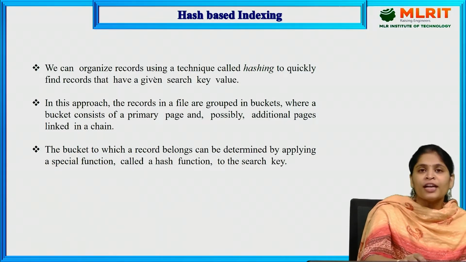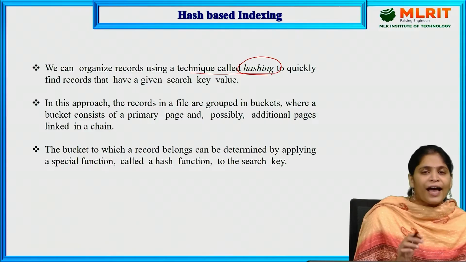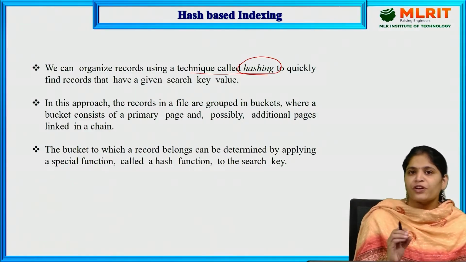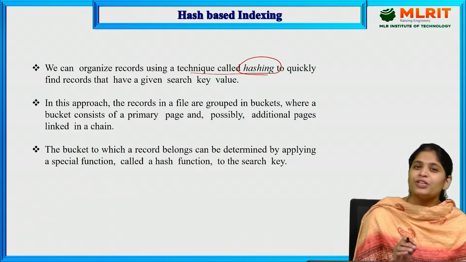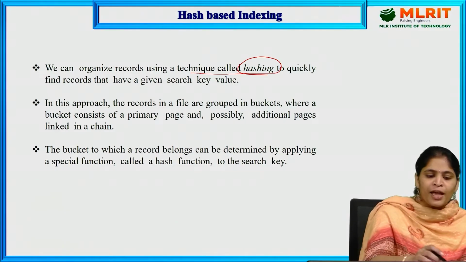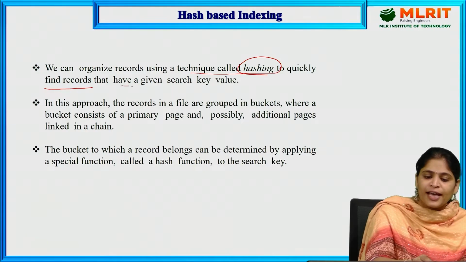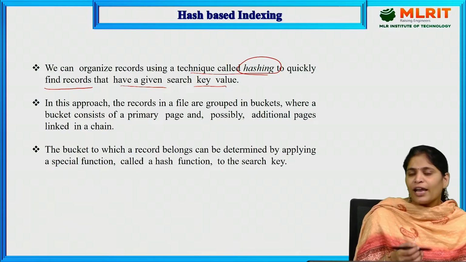We can organize records using a technique called hashing. Hashing means here we use the hash function concept. A hash function is one mathematical function which is used to generate an index or address, to quickly find records that have a given key value. How can we calculate that hash function?